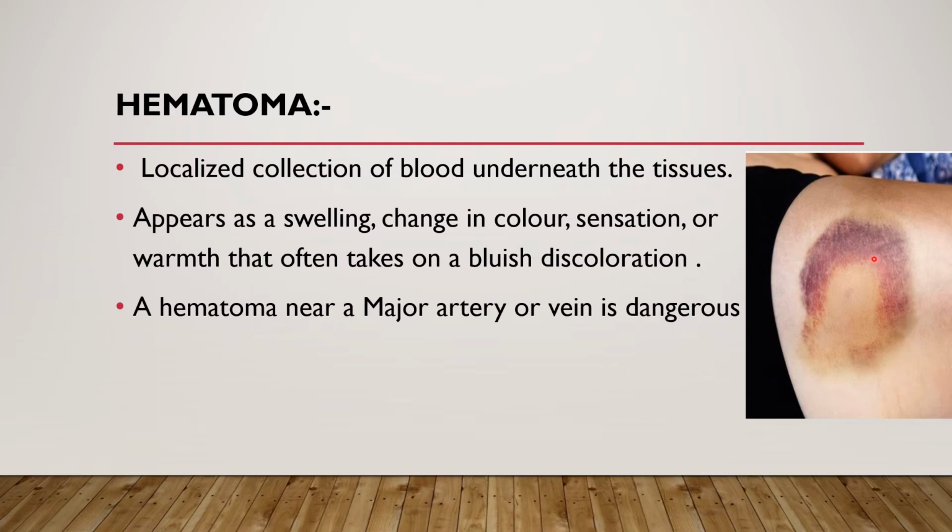The color is purple and maroon, the area is swollen and changed in color compared to the surrounding area, and may have a sensation or be warm. Often the color is bluish, as you can see here, a purple bluish color. It shows the hematoma, which is blood collected under the tissue.